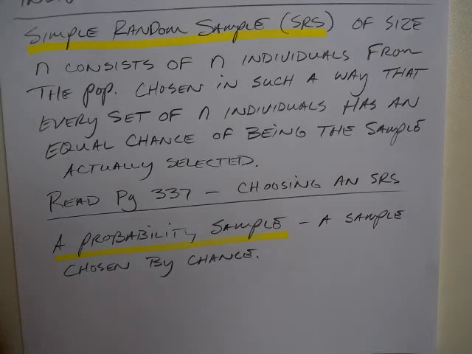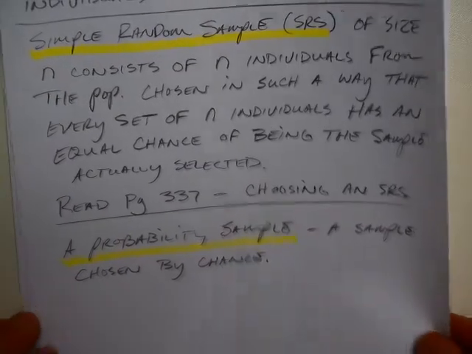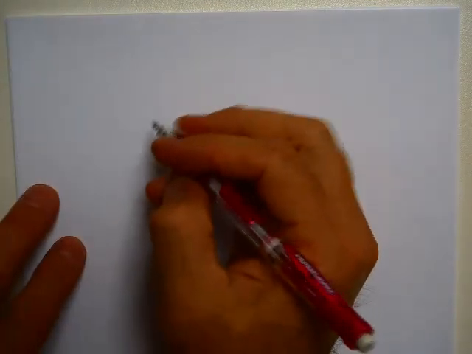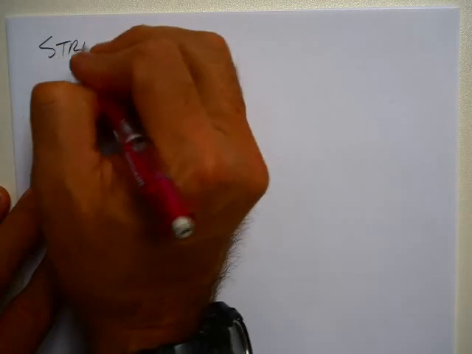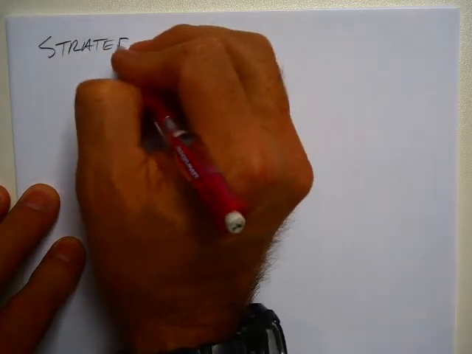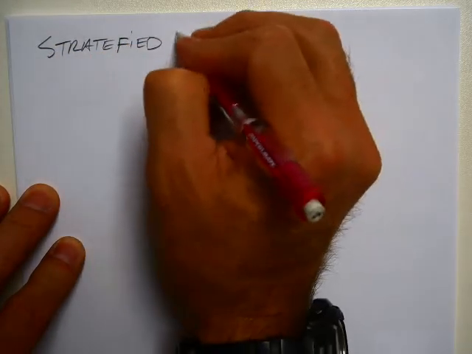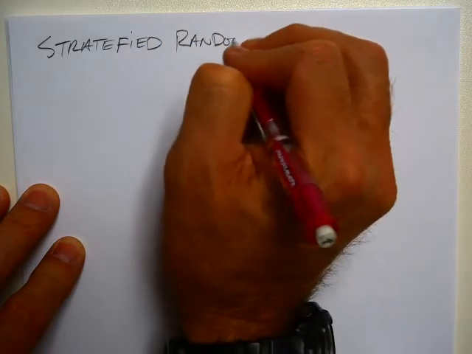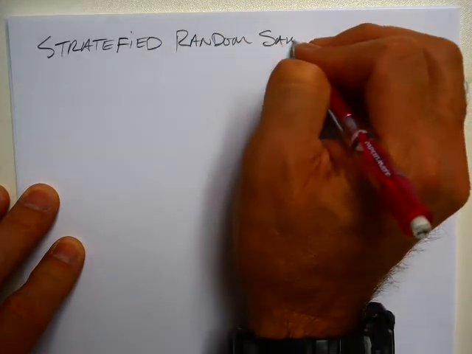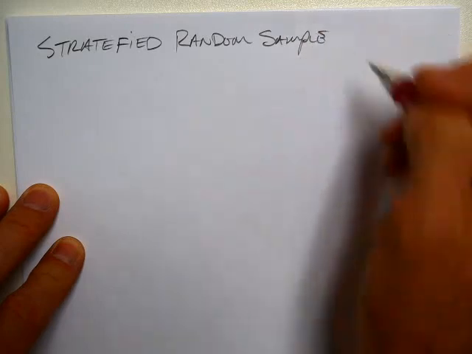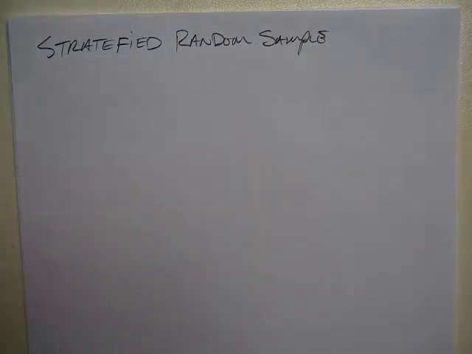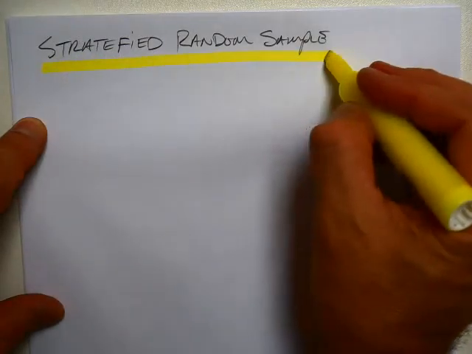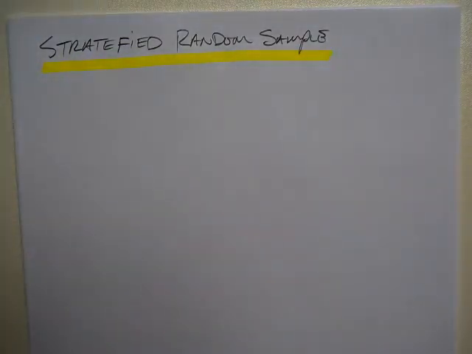All right, there's one more. I've got to switch to the next page here. At least one more for today. It's called a stratified random sample. You definitely need to know SRS for the AP test.